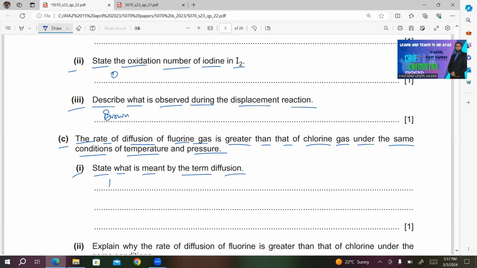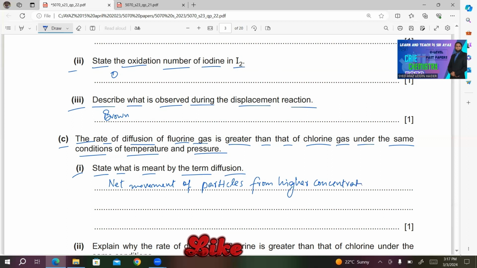It's simply the net movement of particles from higher concentration to lower concentration.